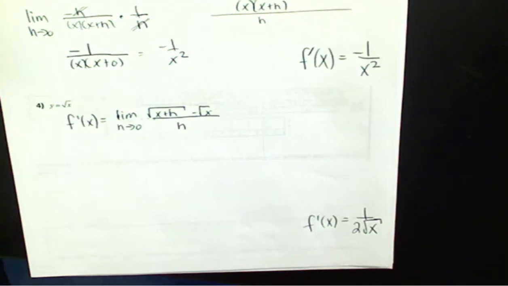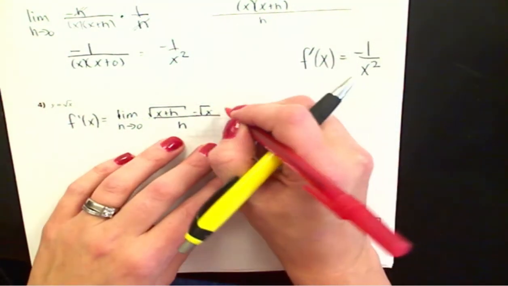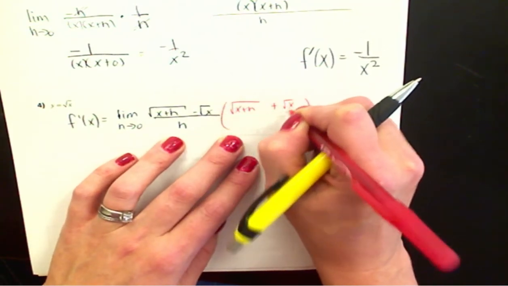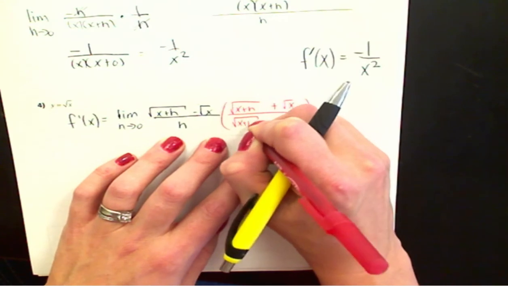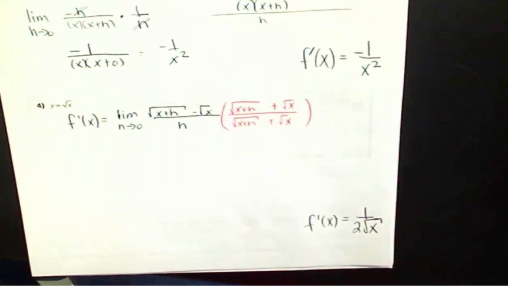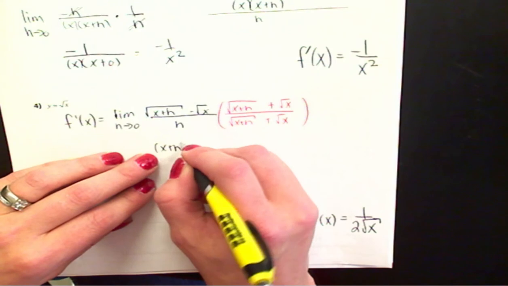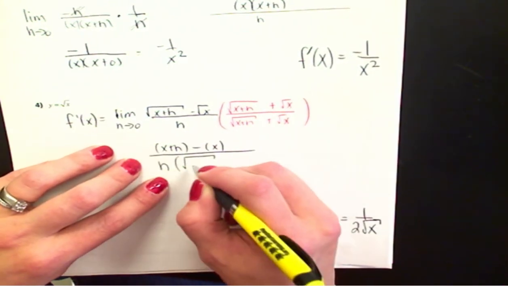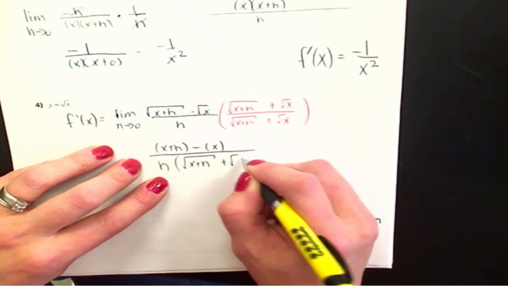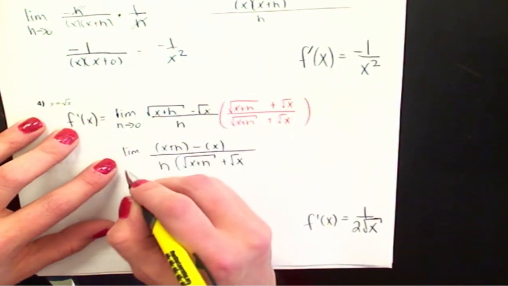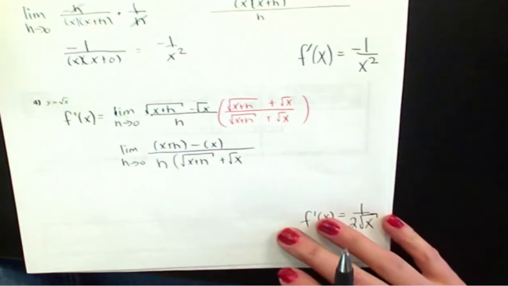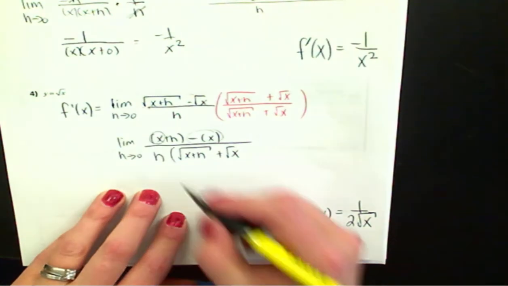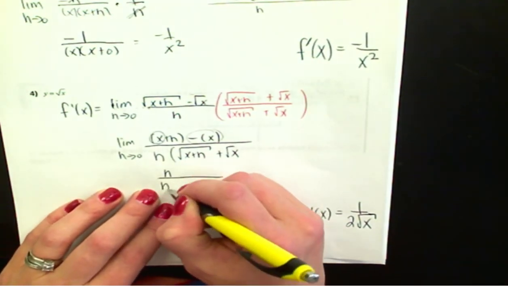Okay, conjugate, that's what I need to multiply by, plus root x. Okay, first, outer, inner, last. Okay, don't forget your limit. Okay, I noticed that this and this are canceling, and I have h.